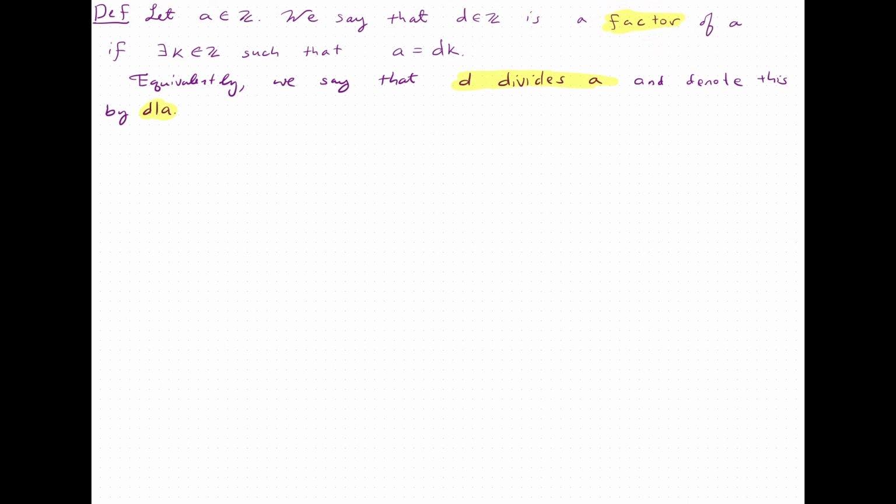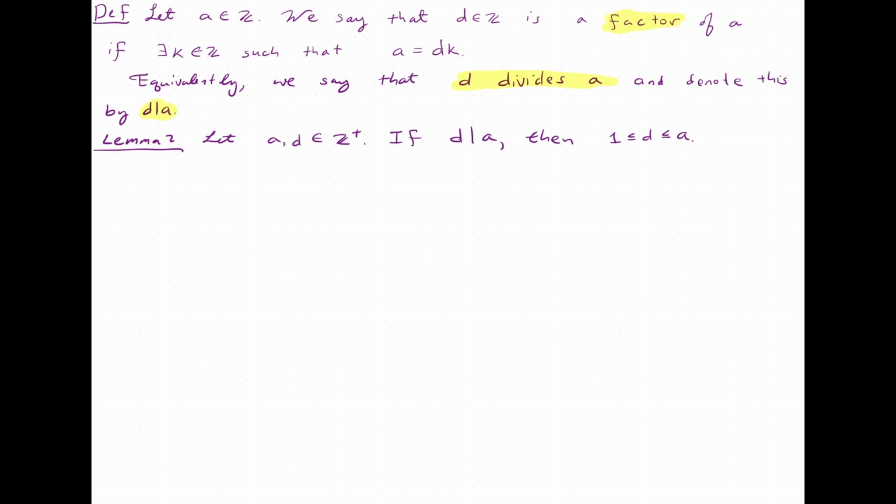And so we can say that d divides a if there is some integer k such that a is equal to d times k. And so divides and factors are both equivalent notions. Now, with the divides, we use the following symbol to denote this. And so then whenever we say this, we mean d divides a.